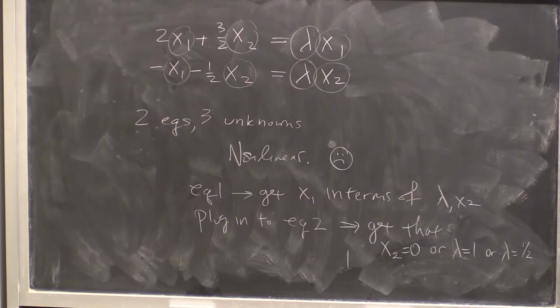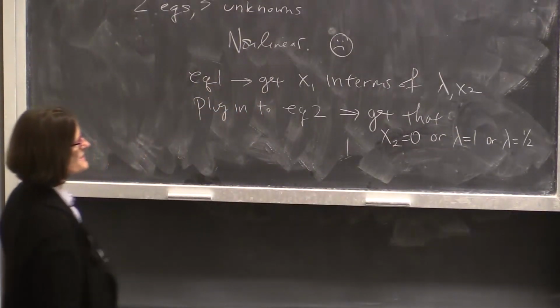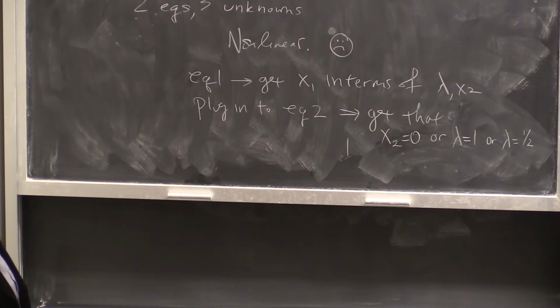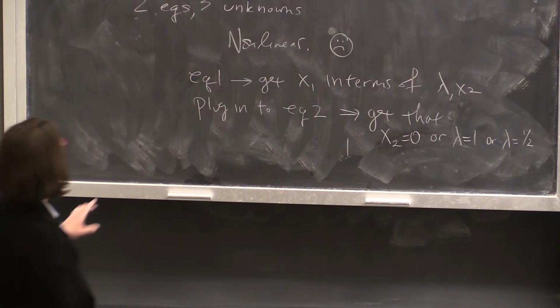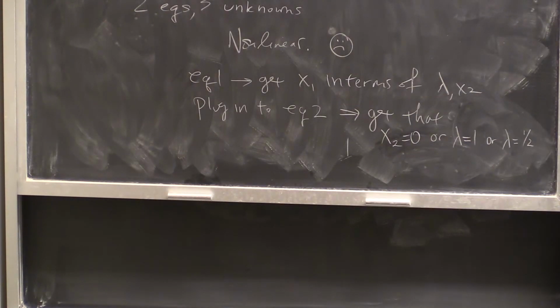But this is a pain for 2 equations. It would be really nasty for 3 equations, and so on and so forth. So this can be done, but I don't recommend it. So what we're going to do is the classic thing of rewriting the problem until we have something that we can actually handle.